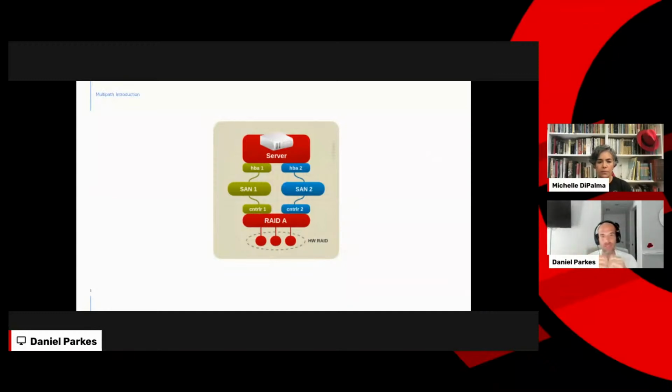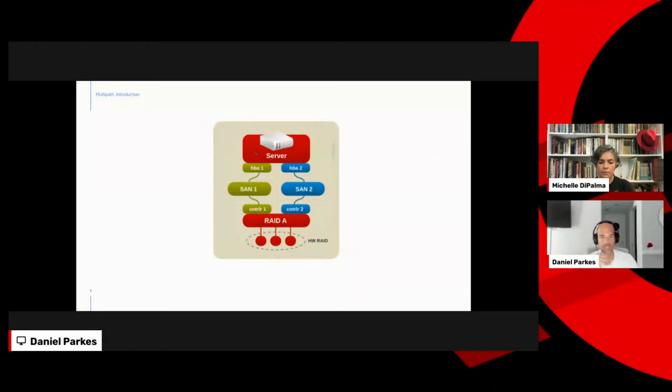So we are working with databases, with production applications. It's vital that we never lose access to our I/O, to our drives. And Multipath provides availability and removes single points of failure. The example in this diagram is simple.